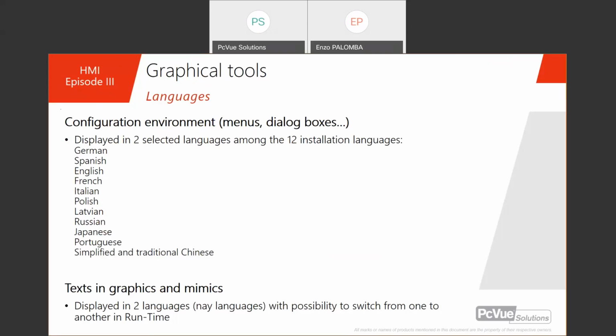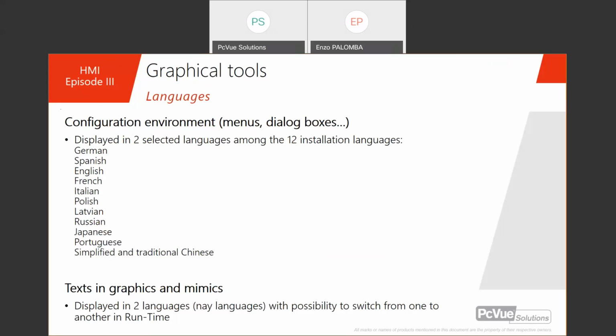The second thing to take into account when we talk about languages is the text displayed in the graphics and mimics in your project. In this case, you can also display two languages, with the possibility to switch from one to another in runtime. And in this case, it's any language. It means you are not limited to the installation languages.